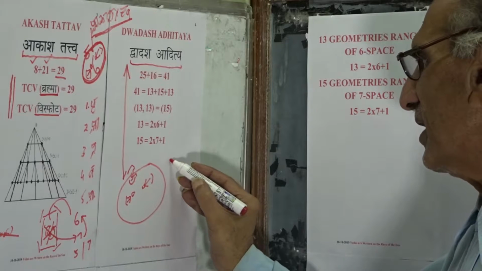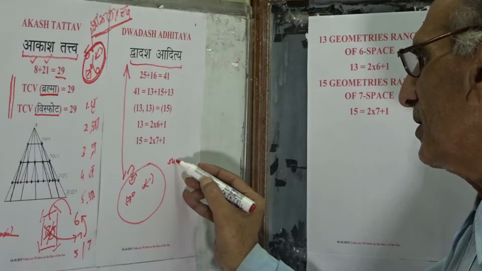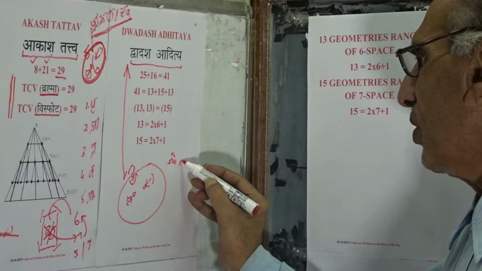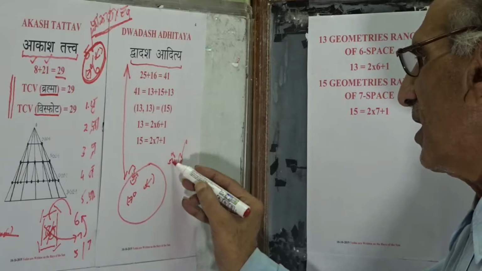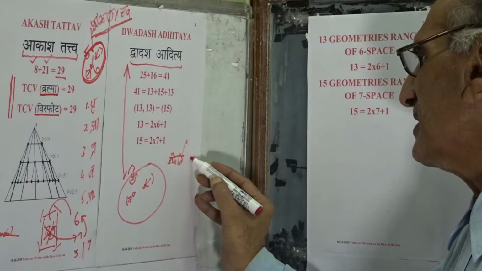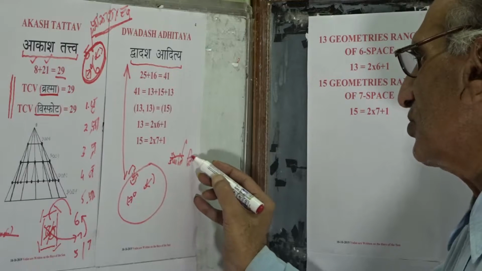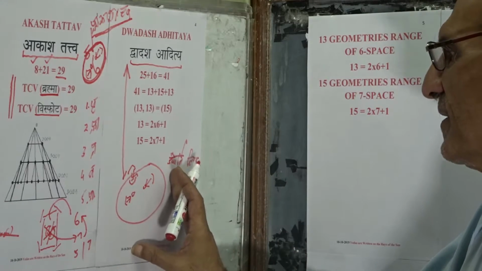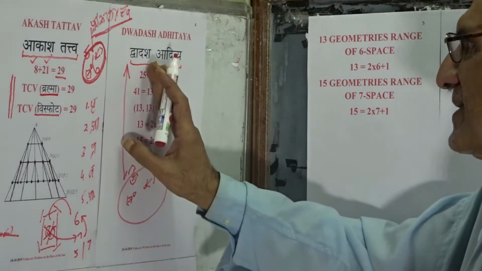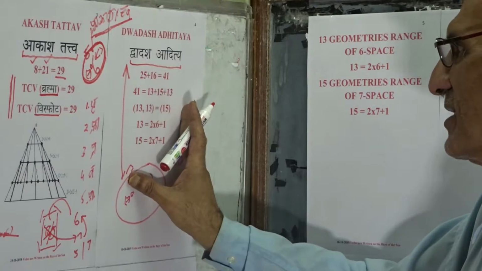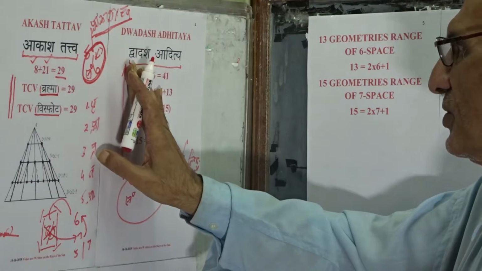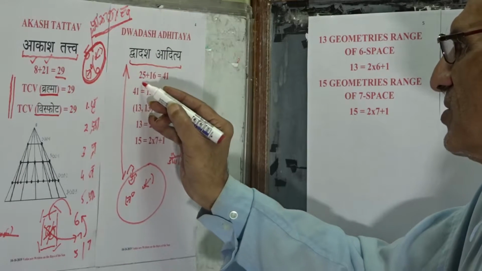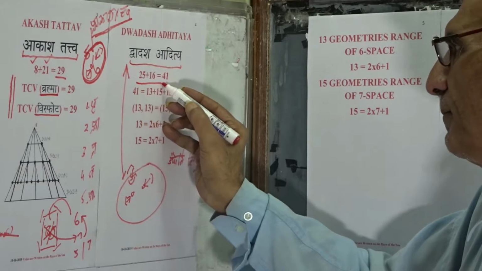These are also making Jyotirling. So, one feature of transcendental boundary is that it makes Dwadas Jyotirling, and the other feature is these make as the Dwadas Adityas.